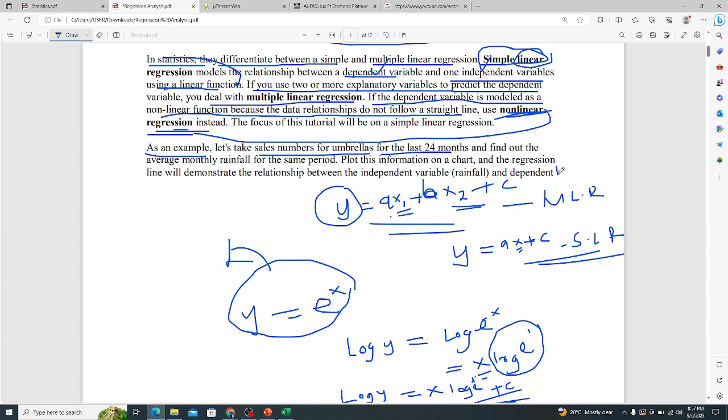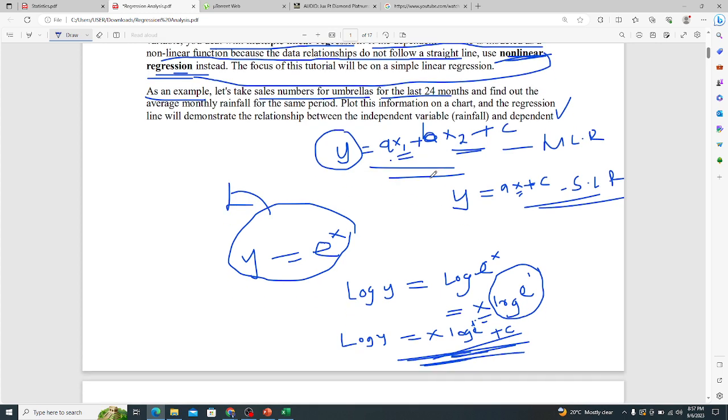With that we can plot the information on a chart and include a regression line so that we may demonstrate the relationship between the independent and dependent variable.